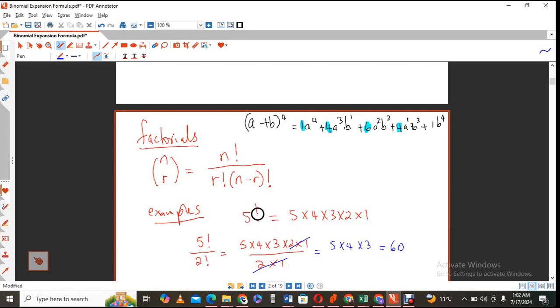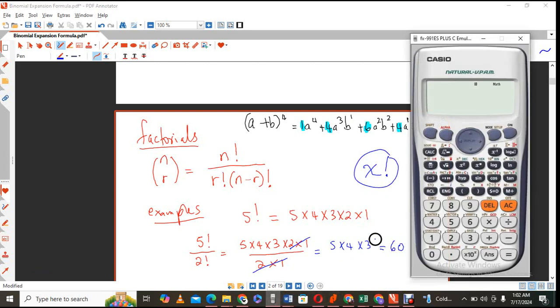So we do have a button on the calculator for the factorial, and you can find it on the calculator. I'll pull up my calculator, and you'll see it has something with an exclamation mark, like here.